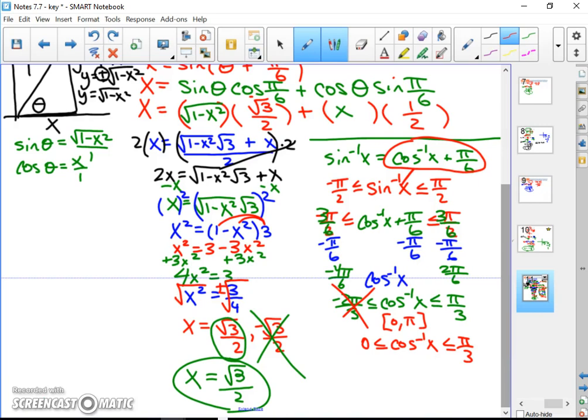And so if you think about where that is, pi over 3 is like a 60. I know we're better at picturing degrees. Pi over 3 is right here. And so our angle, which we didn't call x, we called theta, is somewhere in between 0 and pi over 3. Well, that's the first quadrant.